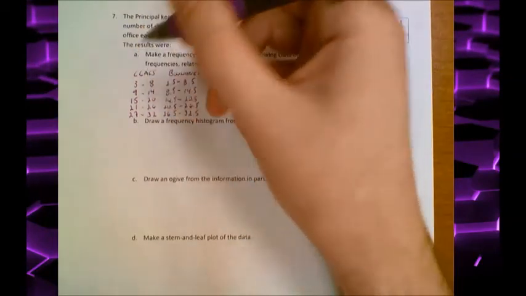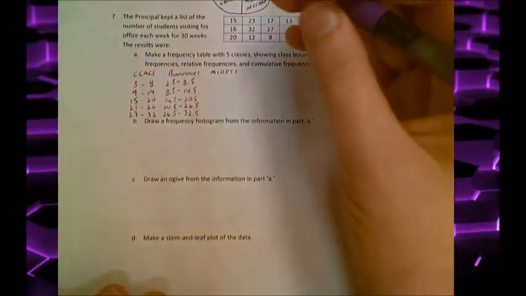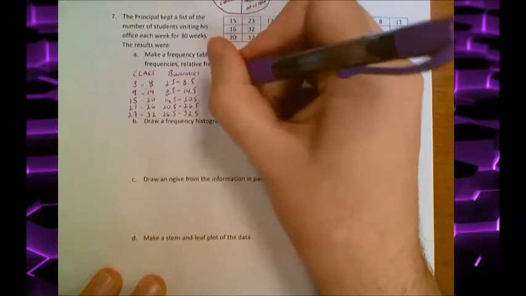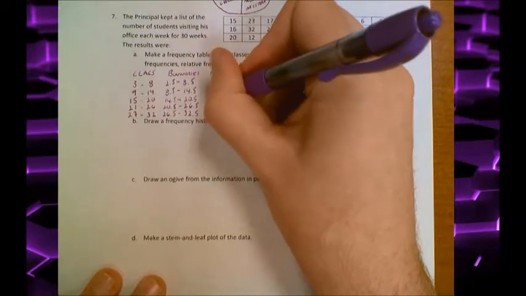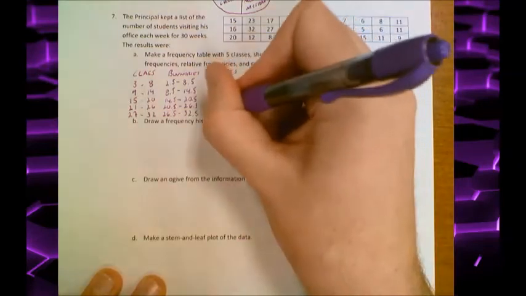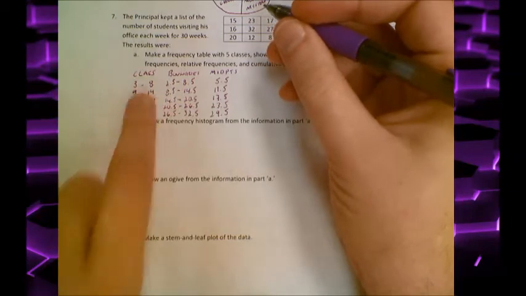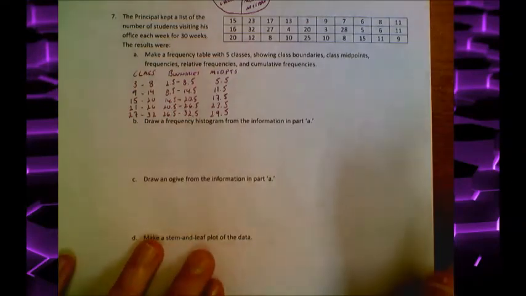So if we average the classes 3 plus 8 and divide by 2, we're going to get 5.5, then 11.5, then 17.5, then 23.5, and 29.5. This is again just averaging the upper and lower limits of that class. You could do it with the boundaries too. You're going to get the exact same number, but the classes are typically prettier numbers to be averaging than the boundaries are.